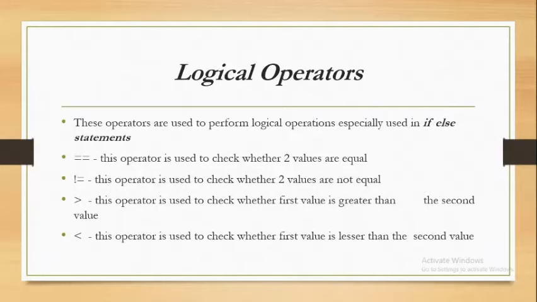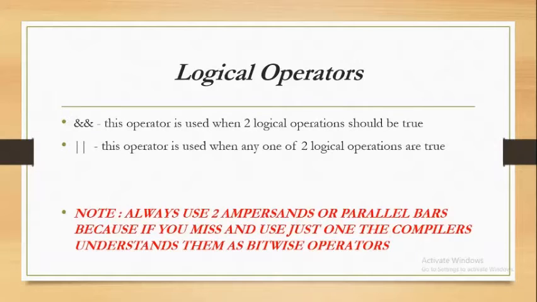Then the greater than symbol, you know, these comparing operators, right? They check whether the first value is greater than the second value or the second value is greater than the first value. You will understand this in a thorough manner when you start learning about if-else statements. So let's move to the next slide.